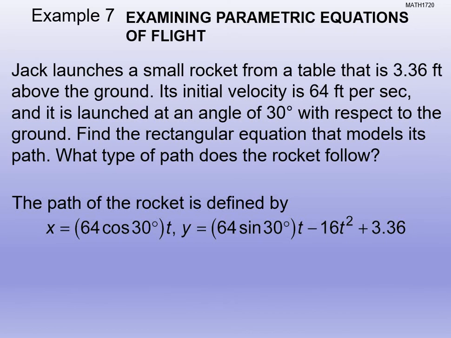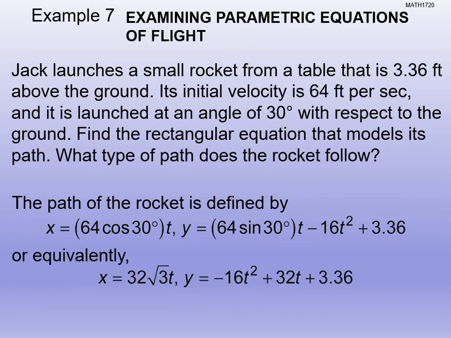And we're going to do some calculations now. Remember, what did we have to do before, though? We had to solve for one variable in terms of another and then stick it into the other equation. So we had to do that. We've already done an example like this, just not with something that included velocity and an angle. So what we can really do is find the value of cosine of 30 and the value of sine of 30.